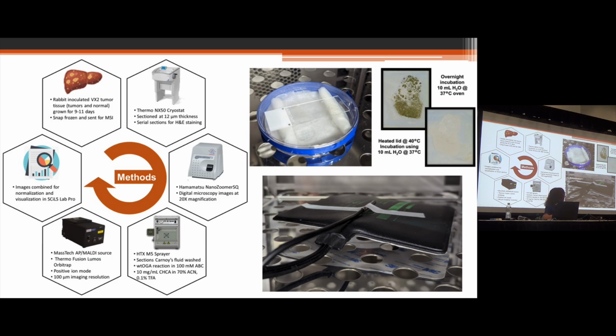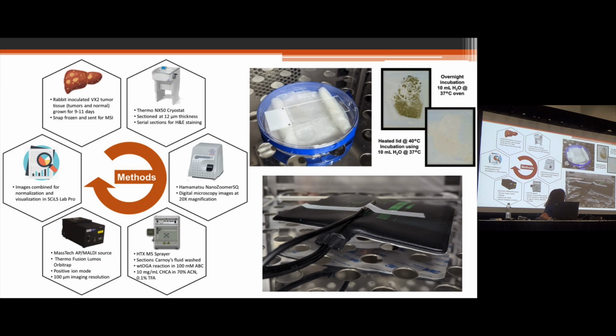All of that saturated with water, the slide sits on top of it, elevated in that steamy environment in the oven. But what we saw when we did these long incubations overnight at 37 degrees in this very high humidity, we had weather patterns. And the moisture would condense on the lid and it would rain down on the tissue, and you would end up with something that looked like this. I like to say the tissue had measles.